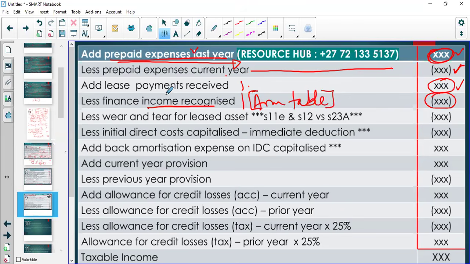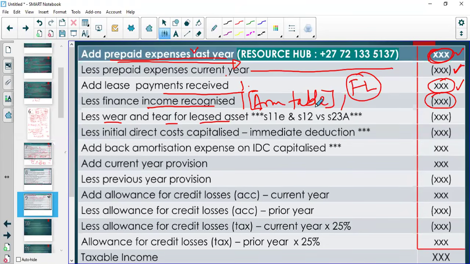We actually include the actual payments received. Okay. And then there's wear and tear for leased asset. So let's talk of a finance lease. Okay. And we still have the asset, right?